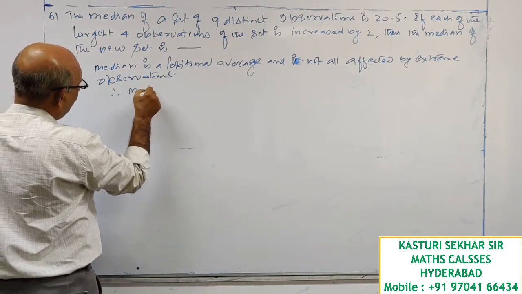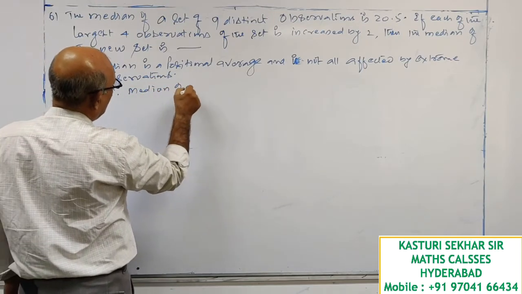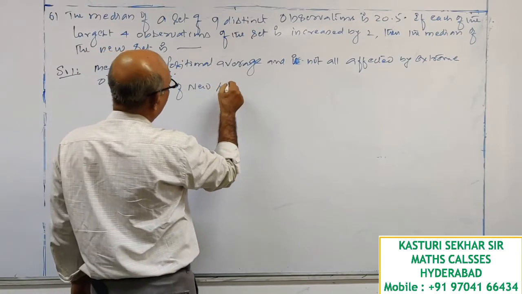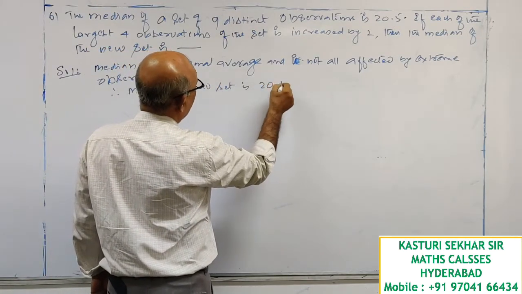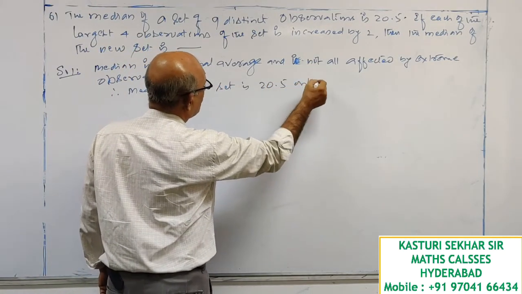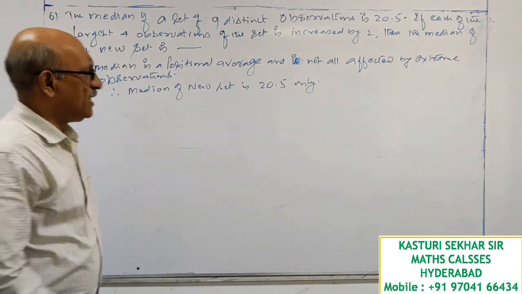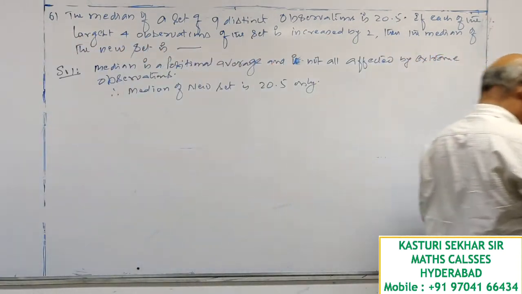Therefore, median of the new set is 20.5 only. The value of median is 20.5 only.